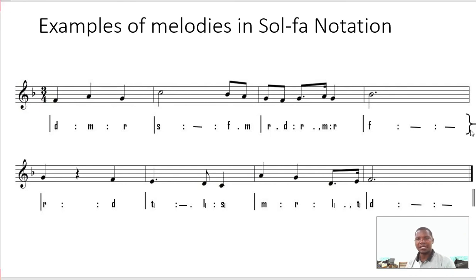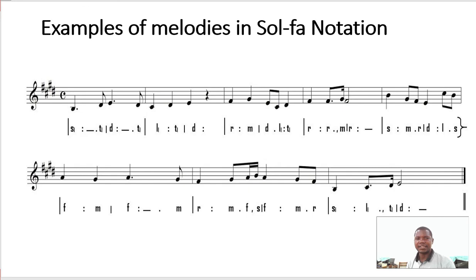Otherwise, if there were many, we would also enclose them with a brace. This symbol is a brace to a musician. And we can't put another bar line there because we are going to put it here. So we spare it and we put a brace to indicate the end of a bar, or rather measure.